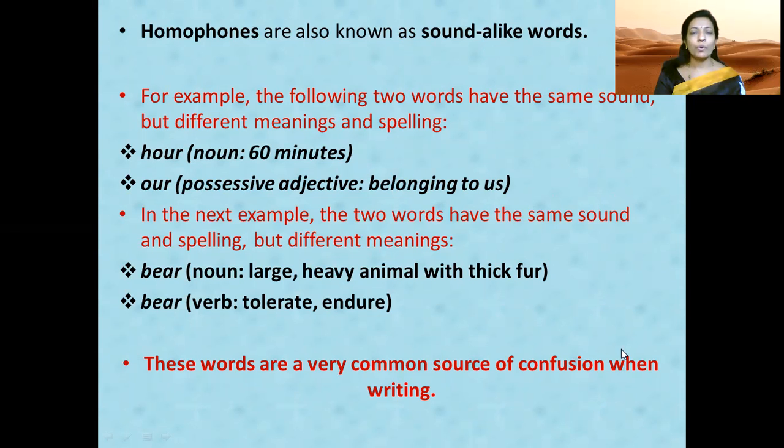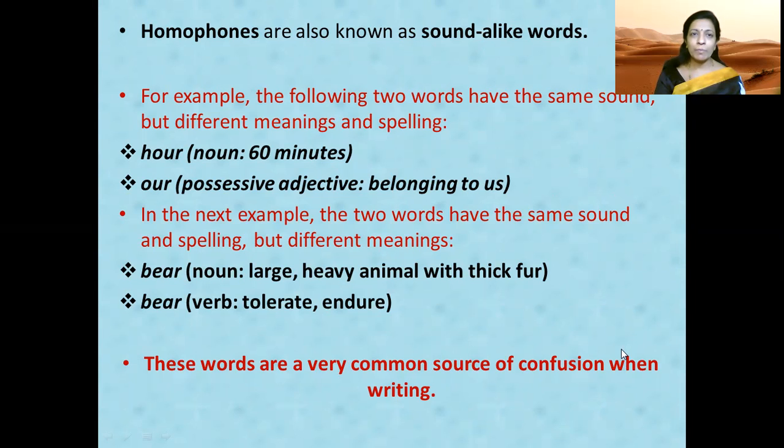Let us now look at another example. In this example, we have two words which not only have the same sound but also the same spellings, but their meaning is different. The two words are bear, bear. The first word bear is a noun which means a large, heavy animal which has got thick fur.